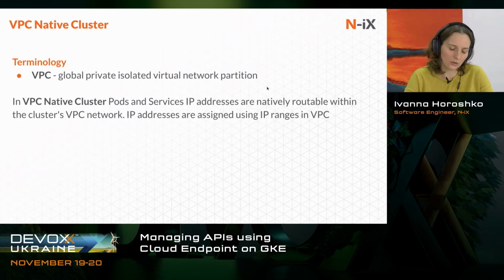But you also create two additional secondary IP ranges and assign them for services and pods. Now when you deploy anything in your cluster, a service or a pod, it will get a private IP address, but that IP address will be part of your network.